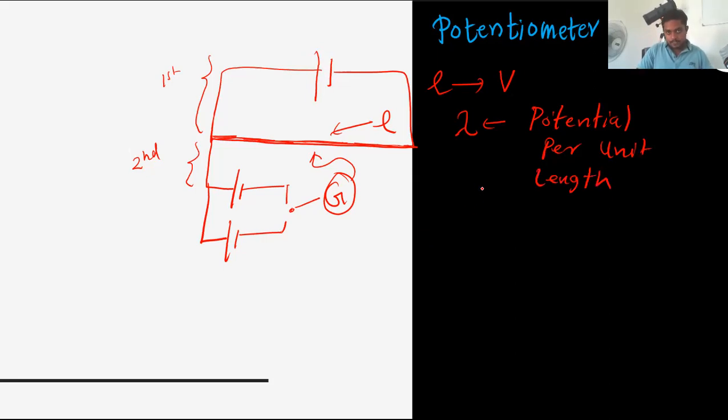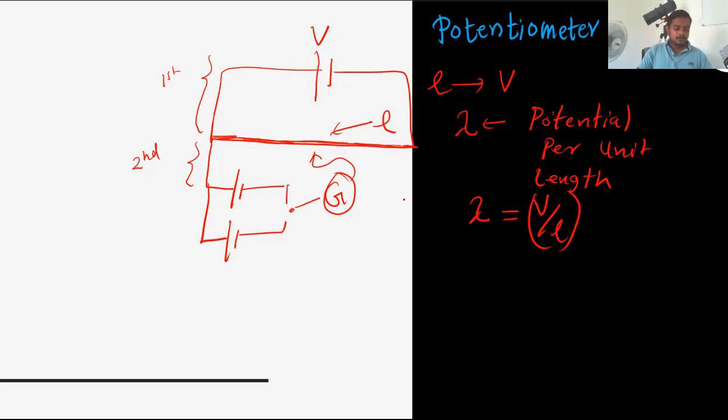So lambda is equal to V over L, where V is the total potential and L is the total length of the wire. Same as the previous one. This is how we get V over L.